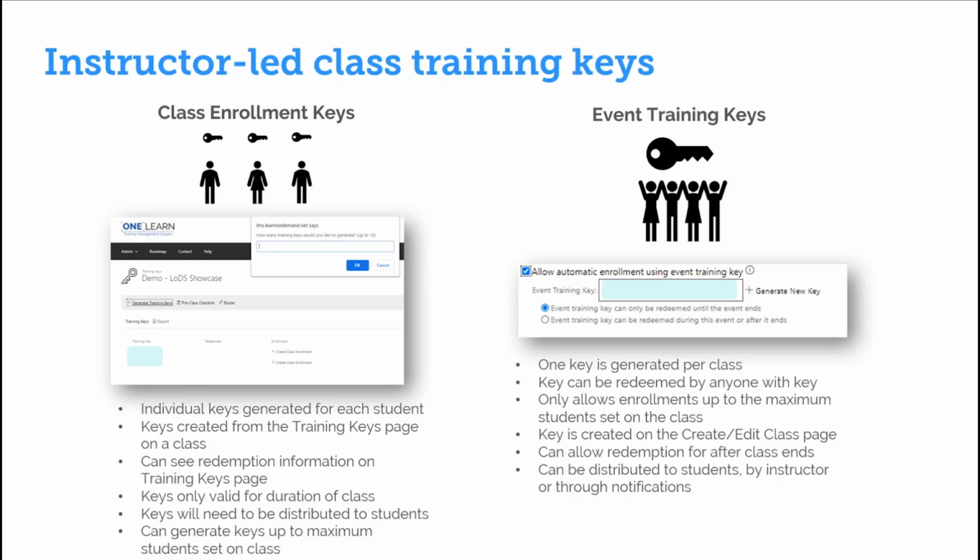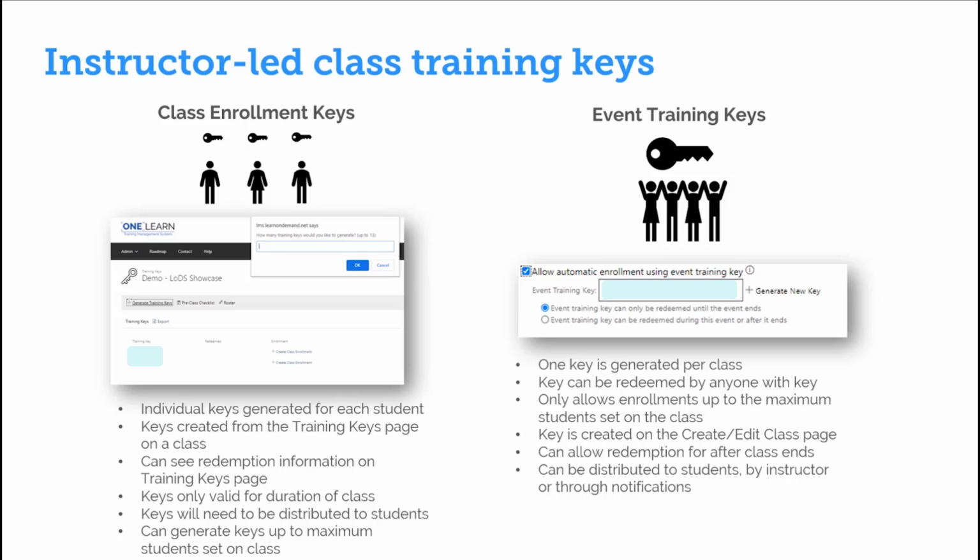Just like with the Create an Account button on the sign-in page, we can add a Register with Training Key button onto the sign-in page. Students can be given a key and they can input this directly on the sign-in page. This will take them to the registration page, just like if they had selected Create an Account.